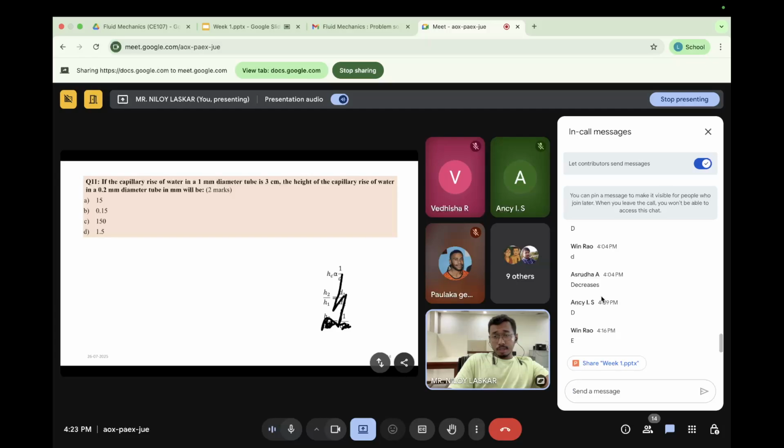In this, it is given the capillary rise of water in a 1 mm diameter tube is 3 centimeter. The height of the capillary rise of water in a 0.2 mm diameter tube in mm will be what? That is the question asked, so please try to answer on your own.